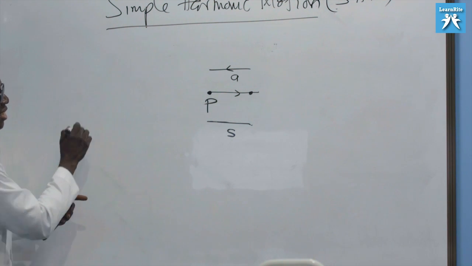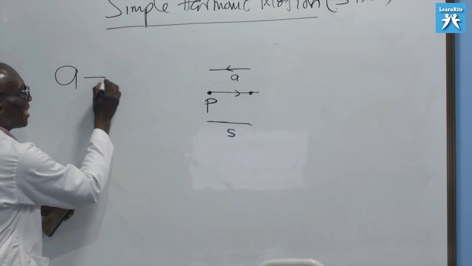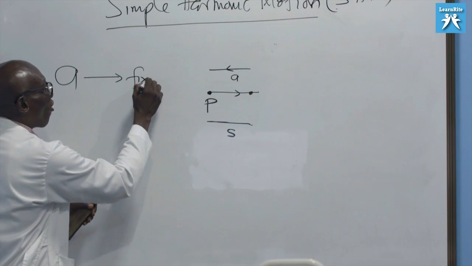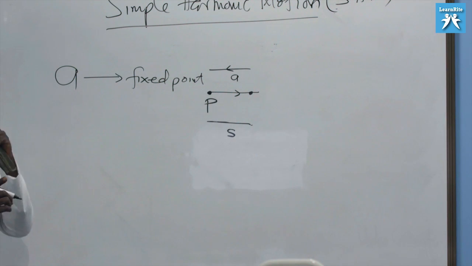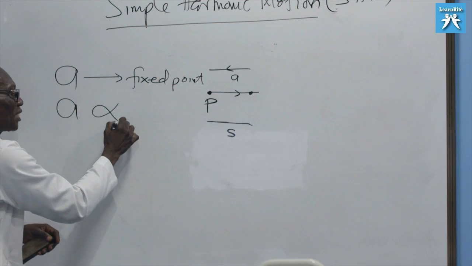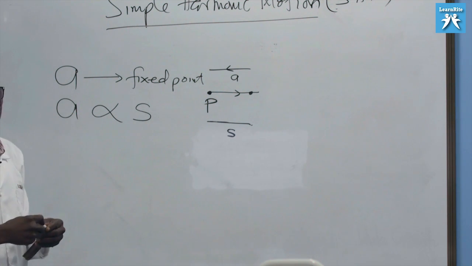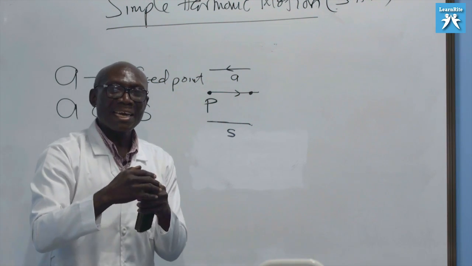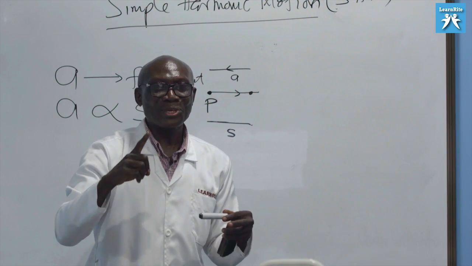Now, if the acceleration is always directed towards the fixed point, and secondly, if the acceleration is directly proportional to the displacement from the fixed point, put the two together and we call such a motion simple harmonic motion.